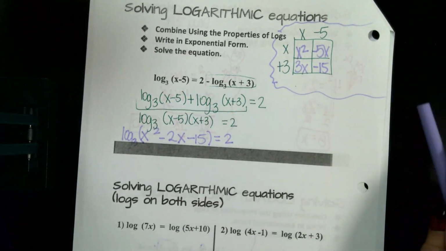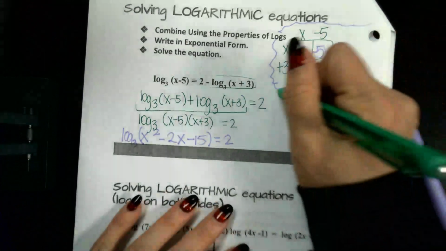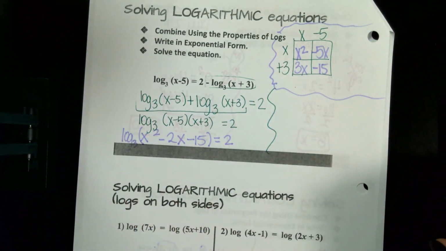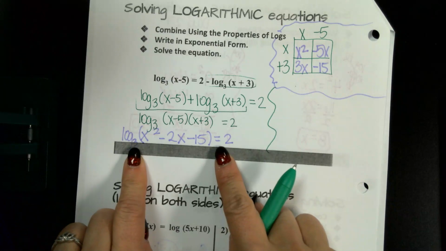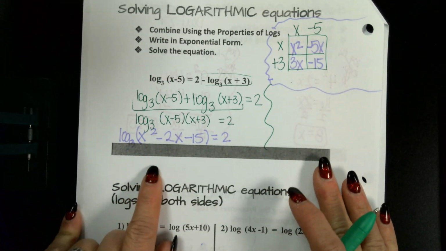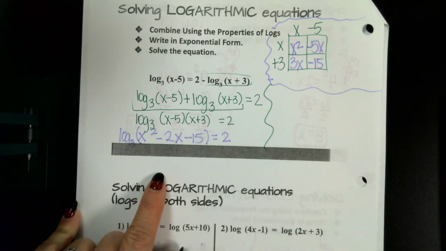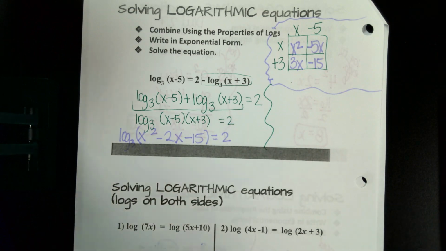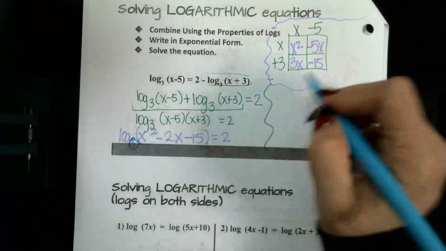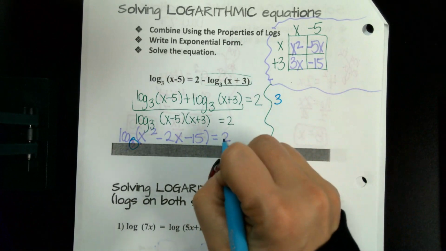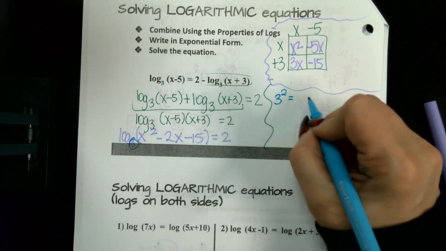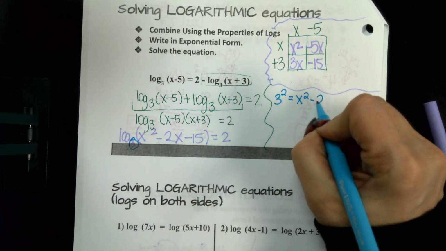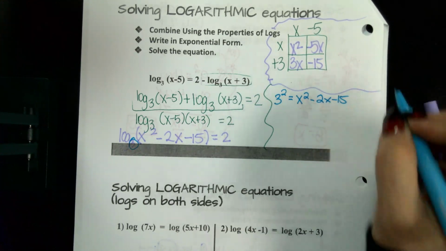So now that I condensed the left side, can't we now turn this into exponential form? Yep, we sure can. My base is 3. My exponent is 2. And I set it equal to the quadratic x squared minus 2x minus 15.